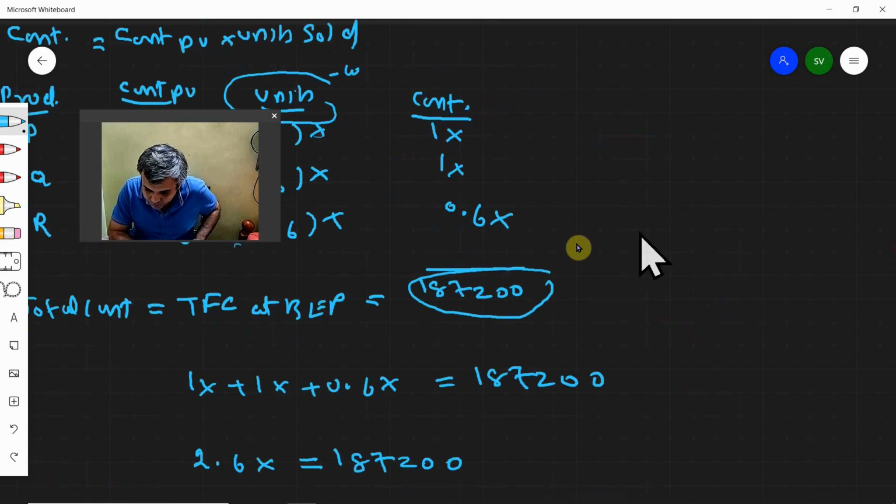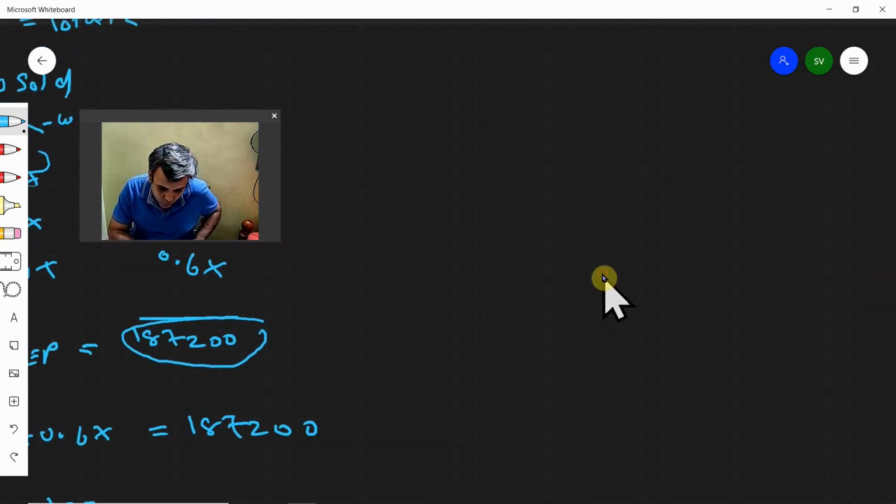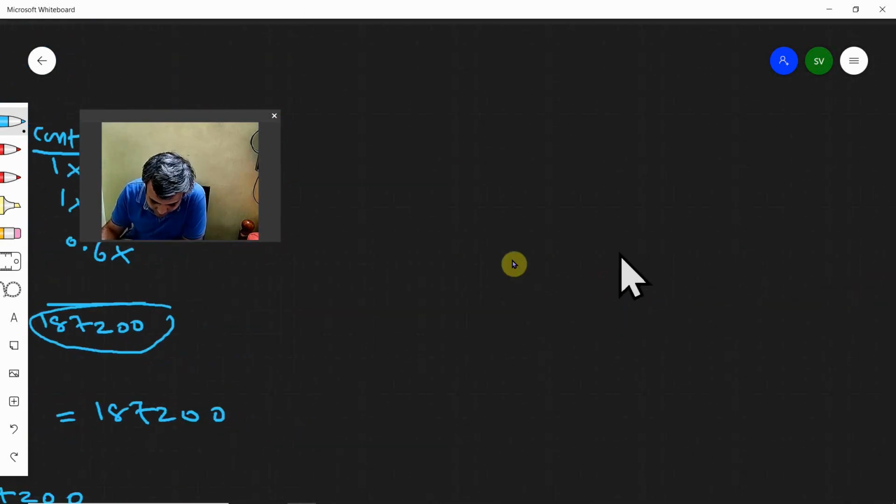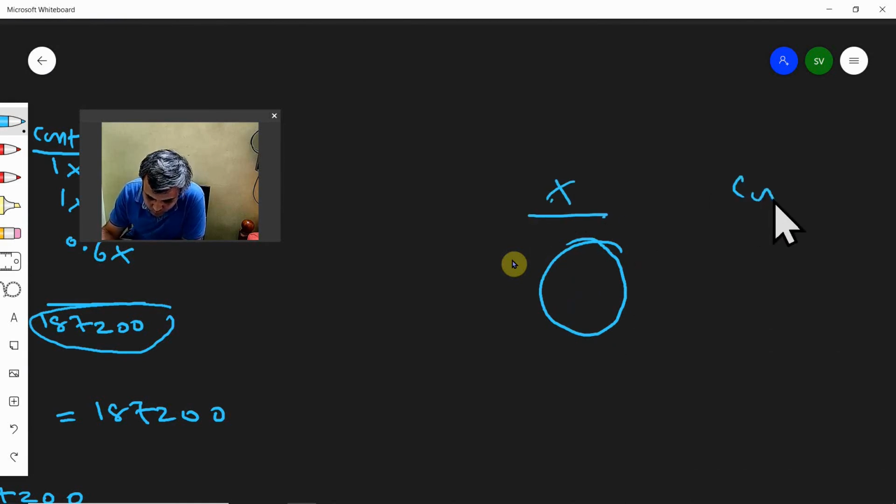See, for a visualization you can keep in your mind, imagine this is X. What will be the contribution of X? That's what I want to know.